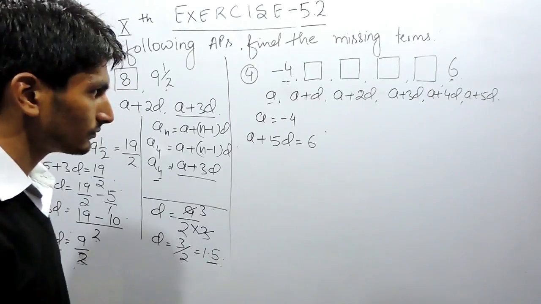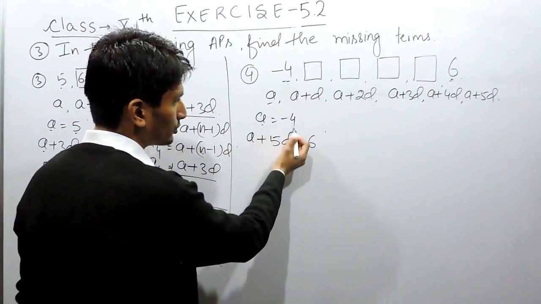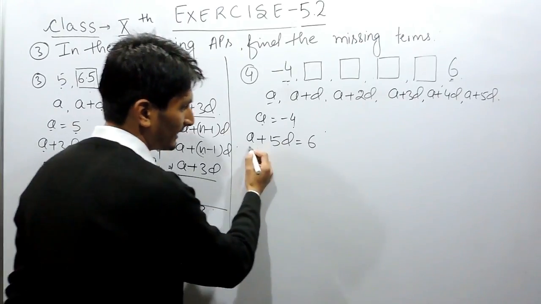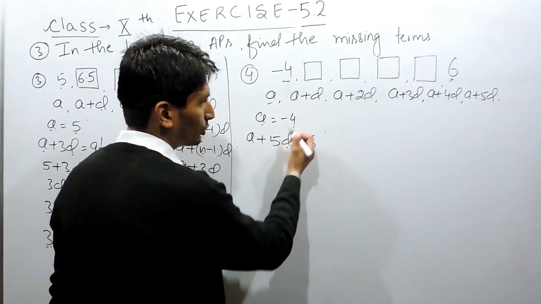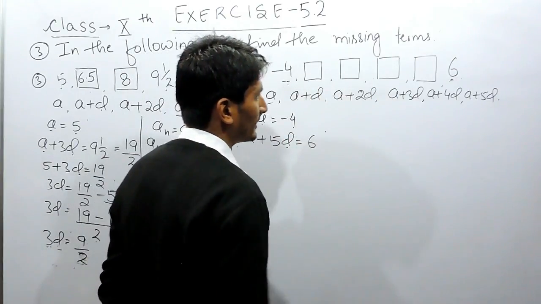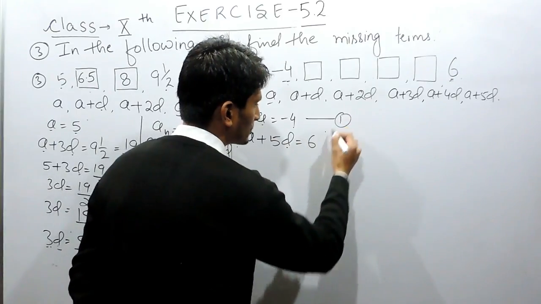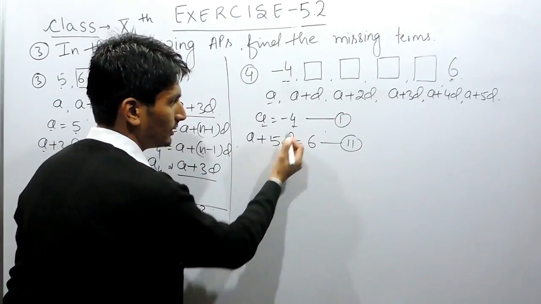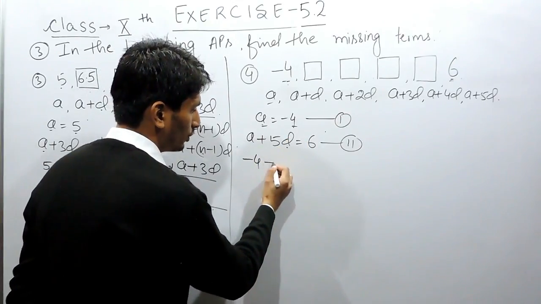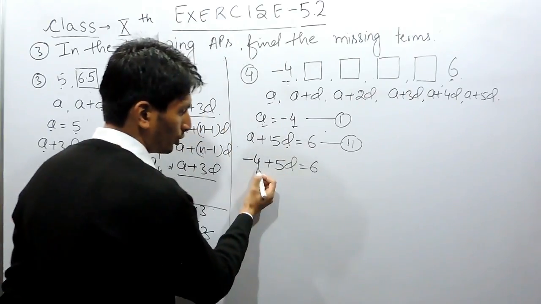So now if I substitute the value of A in the second equation, I'll find the value of D, and if I know the value of D, I'll be able to find all the terms in this AP. So solving these two equations, I have to substitute the value of A in the second equation. So this will become -4 plus 5D equals 6.